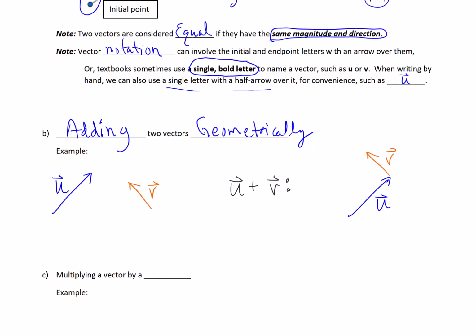What that creates in our picture now is a starting point for vector u, where we began the whole thing, and then an ending point for vector v, where we ended the whole thing. If we were to connect the starting point of u with the ending point of v, that creates a different vector, which is vector u plus v. So simply putting them together in order gives us a geometric addition of those vectors.